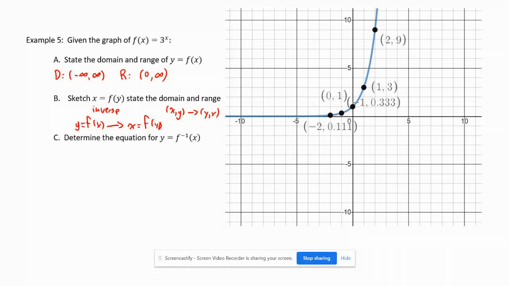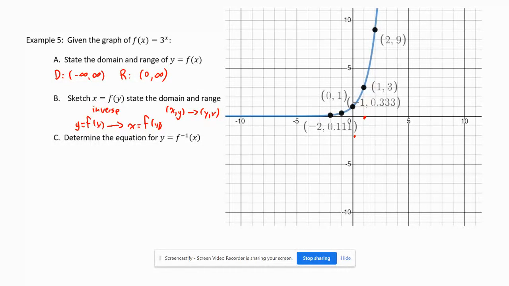So all we're doing is flipping our x and y values. So at this point, negative 2, 0.11 is going to become 0.11, negative 2. That's going to be this point here. 0, 1 becomes 1, 0.